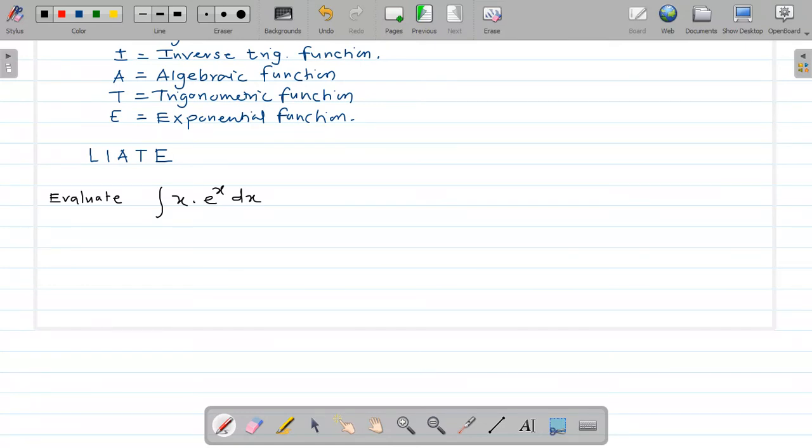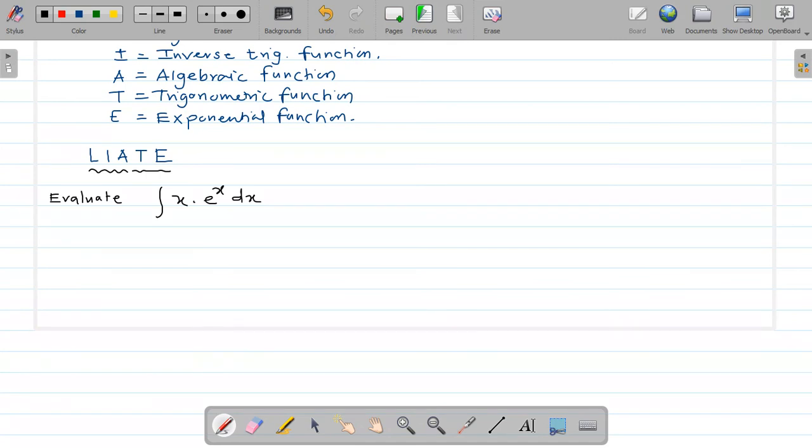Now as per the order LIATE, A comes first. So we have to keep x as it is and then e raised to x, that is exponential function, after that, because in the order LIATE, algebraic function you have to keep first and then exponential function. This is the rule of arranging the product of the two functions.